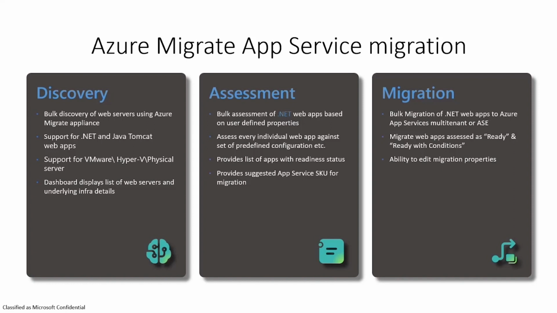Is it ready with conditions, meaning post-migration you might require some configuration changes? Or is your web application currently not ready for migration? And finally, you could migrate your .NET web applications to Azure App Service. Currently, this support is only available for your VMware installations.